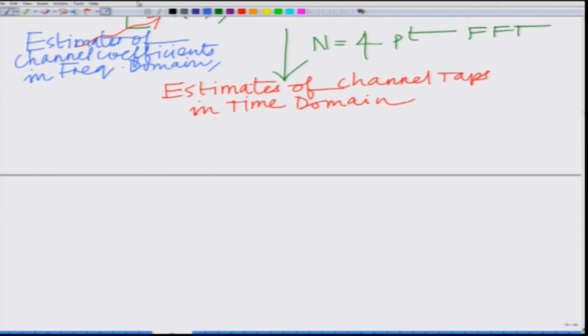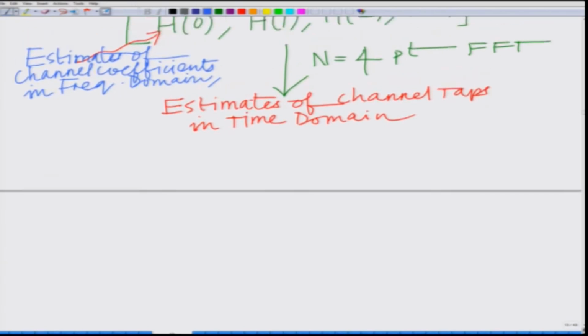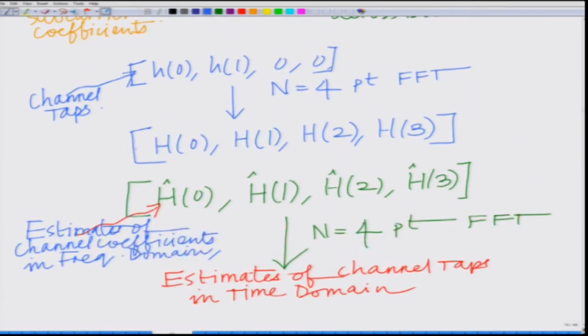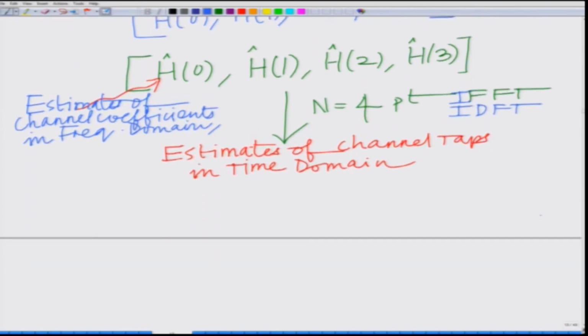From that you take the FFT, you get the estimate of the channel coefficients, I am sorry, you take the IFFT or the IDFT, because from the frequency you have to go to time. So, you take the IFFT or IDFT and you get the estimates of the channel taps in the time domain.